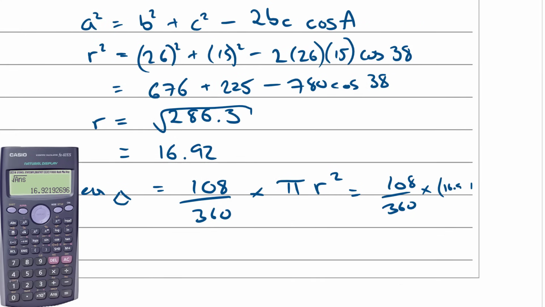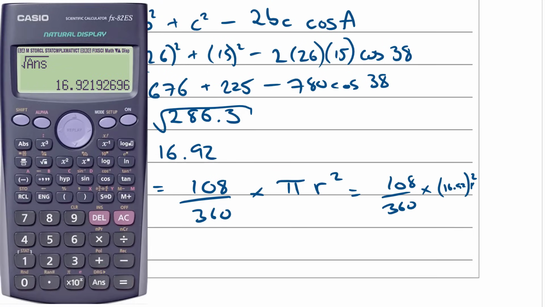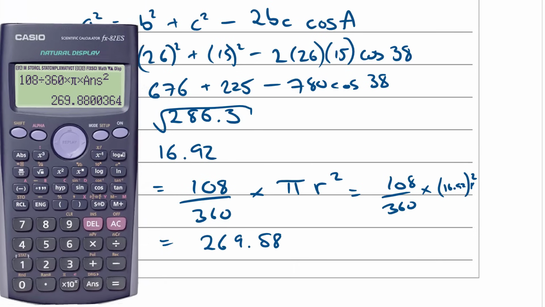I'm running off the side of the page. 16.92 squared. So let's type that into the calculator. 108 divided by 360 times by pi times by our last calculated answer squared. So I make that 269.88.